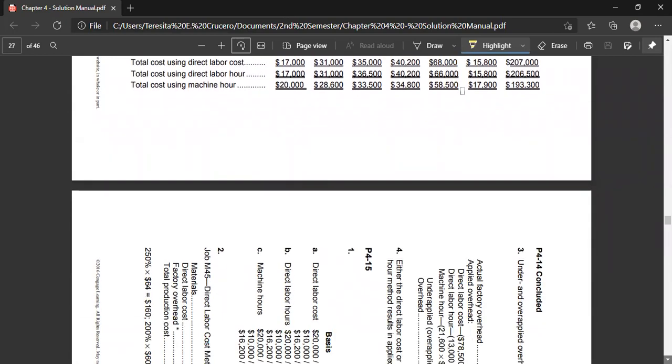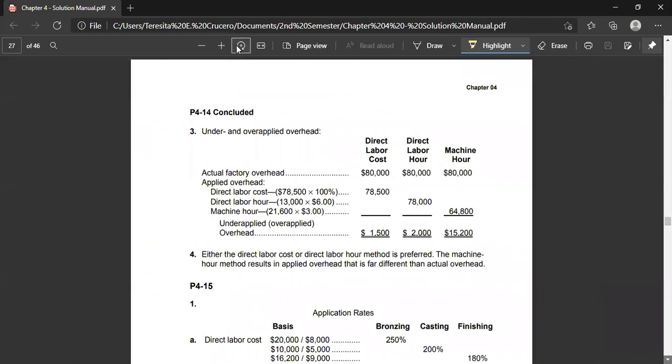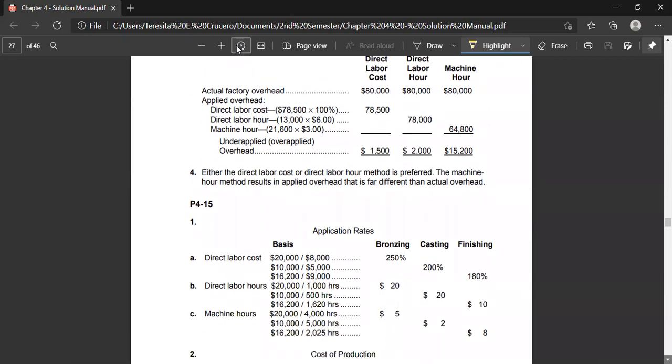Okay, now the last problem that we are going to involve is problem 16, determining the under and the over applied overhead.